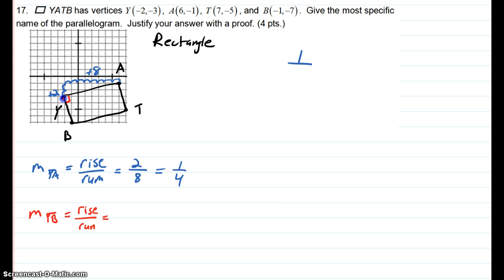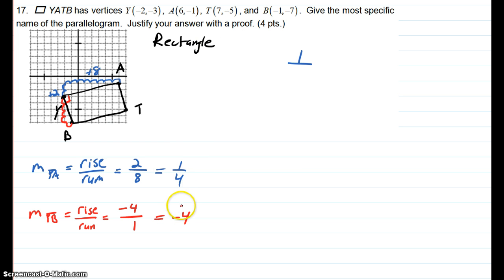So we're going to start here, and we're going to go down 1, 2, 3, 4. So I went down 4, and now I just have to go over 1. So the slope is -4.